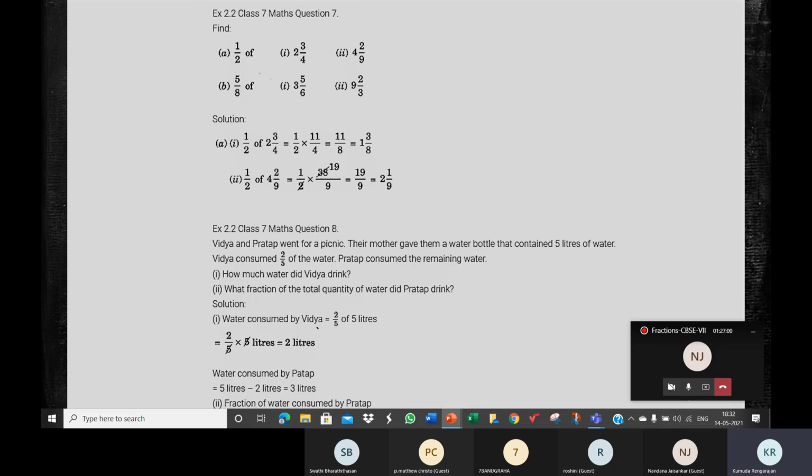We multiply the numerators and multiply the denominators, and then write the answer as a mixed fraction. For multiplication, no LCM, children. LCM is only for addition and subtraction. In multiplication, we simplify, multiply the numerators, multiply the denominators. That's all. Whether they are like fractions or unlike fractions, we directly do this.